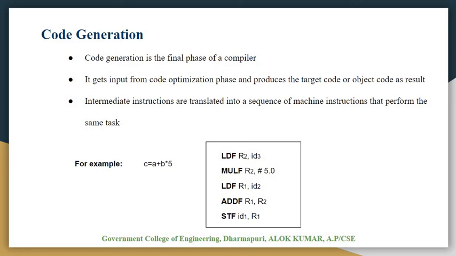After that, load into floating point register we are doing ID2, we are keeping into R1 register, and addition with the floating point register. So R1 plus R2, and here store from floating point register to ID1. So that result in R1 we are keeping into ID1, that is identifier 1. So this one is the code generation phase.